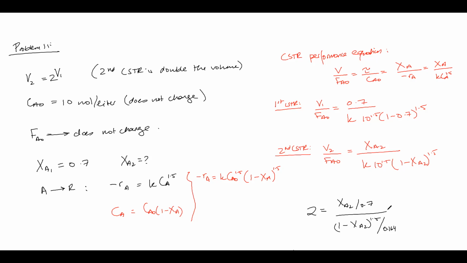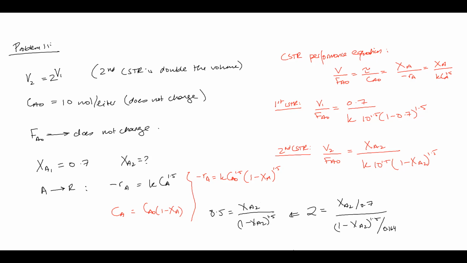So now I can rewrite this expression as 8.5 is equal to XA2 divided by 1 minus XA2 to the power 1.5, right? And now you just need to solve for this.